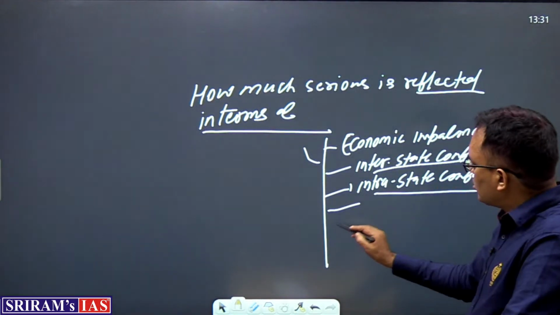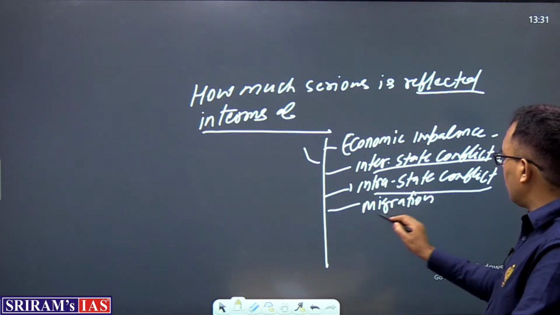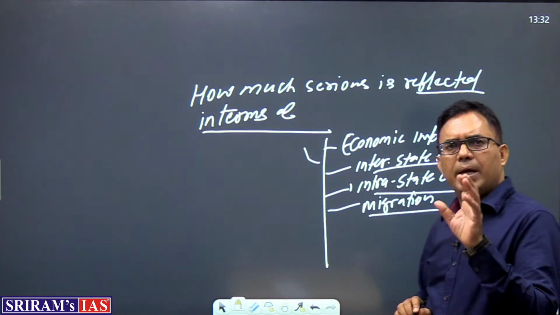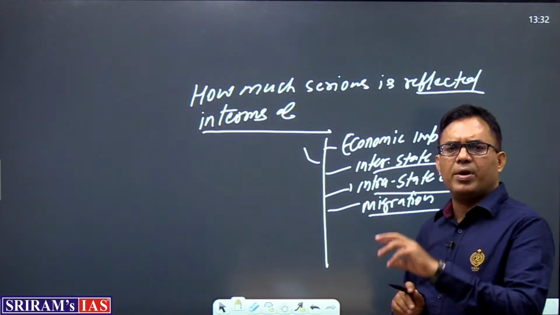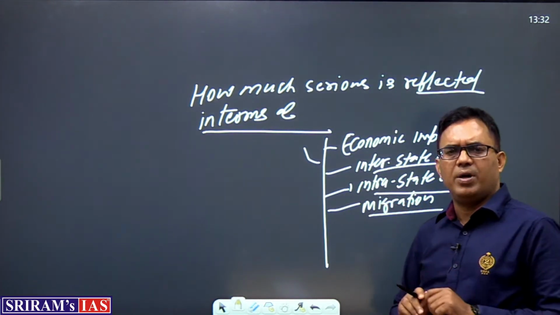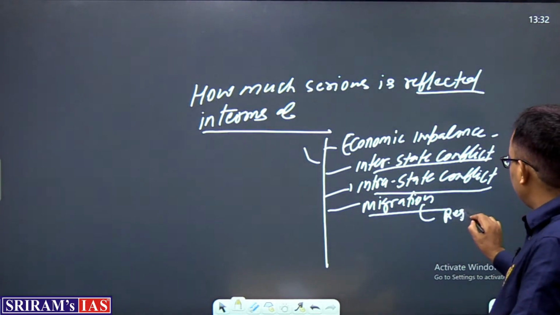Sometimes this also leads to migration. People from the less developed areas go to the more developed areas. So there is huge migration of people from the eastern part of India to the western and southern parts of India.